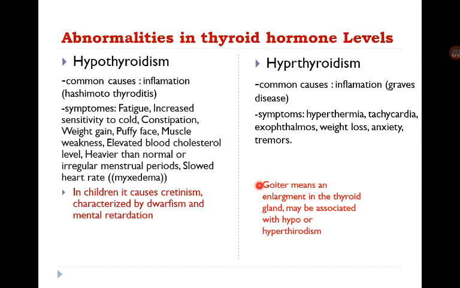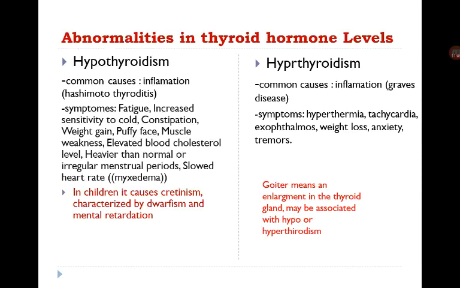The first note is the term goiter. Goiter means an enlargement in the thyroid gland, but not necessarily associated with hypothyroidism or hyperthyroidism. Sometimes it is associated with hyperthyroidism, while sometimes it is associated with hypothyroidism, like in Hashimoto thyroiditis or any inflammatory process, because the chronic inflammation in this gland is going to cause scarring and enlargement of the gland.